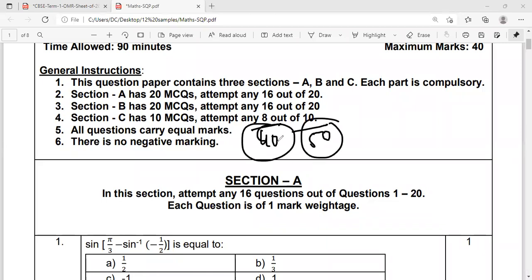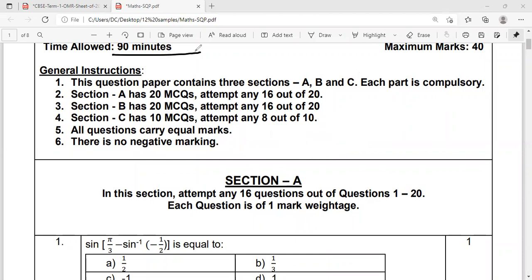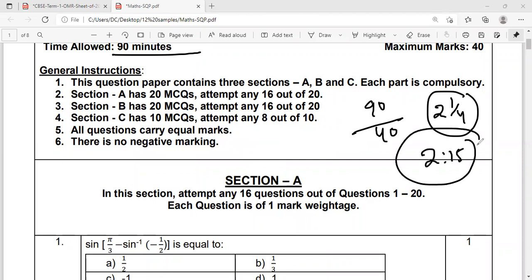So it's a big bonus, thanks to coronavirus, that you are given this much option. So we should have a rough idea, like you are given 90 minutes and there are 40 questions. So roughly 2 and 1 by 4, 9 by 4. So 2 1 by 4 means 2 minutes 15 seconds are given for one question, which is ample time.